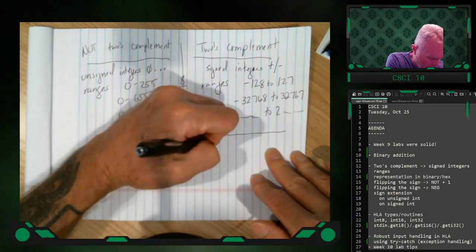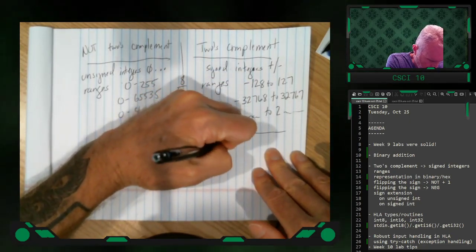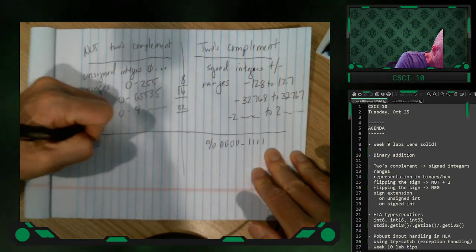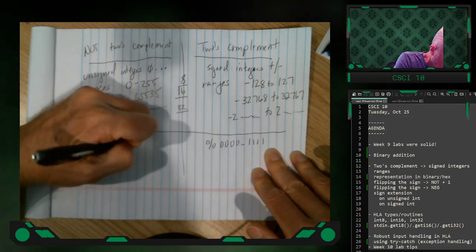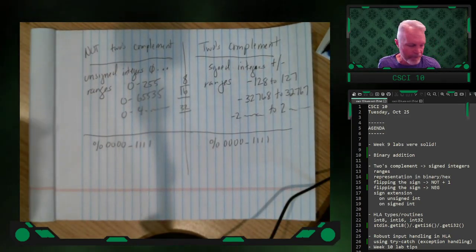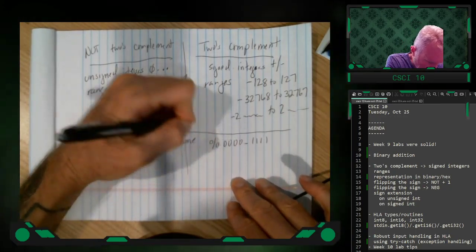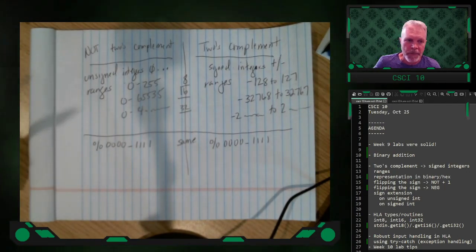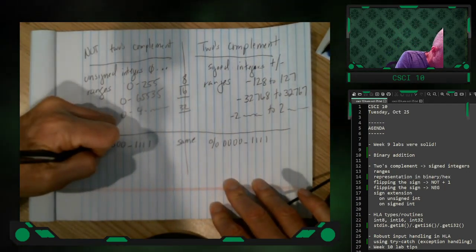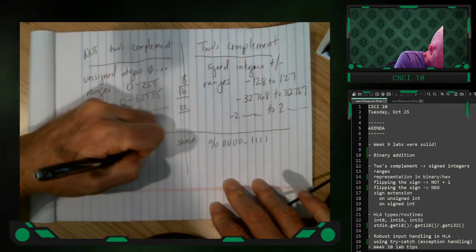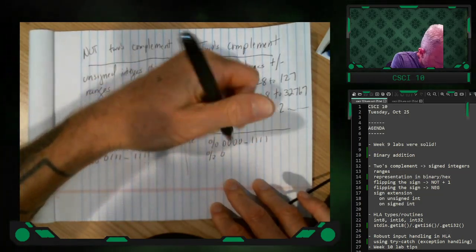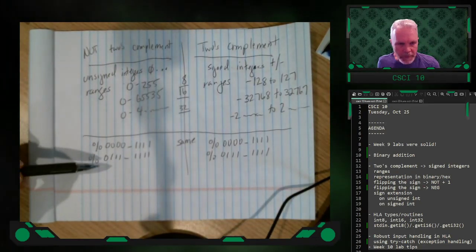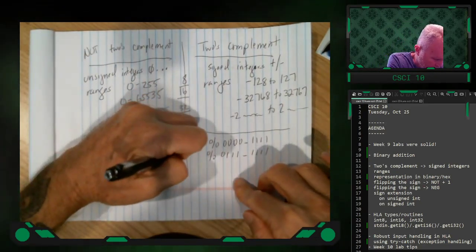So if we took a value like this one, it's the same. This is decimal 15 in either system. That's not a problem. And in fact, this value is the same, which is 127.